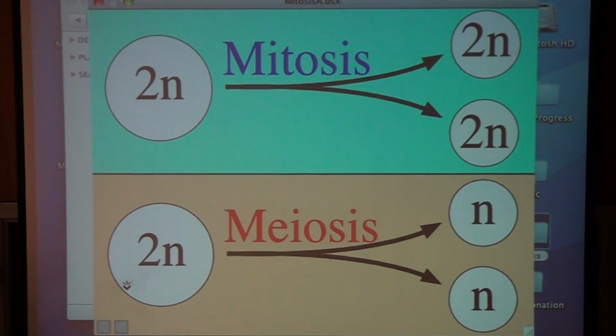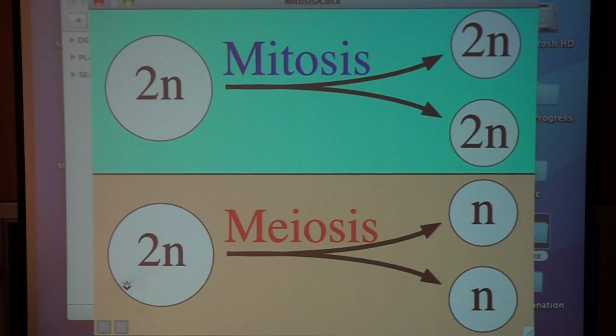Whereas in meiosis, it's where nuclear division is where the diploid mother cell divides, the nucleus divides in such a way as to make two haploid daughter cells. And maybe I could make human cells as an example here.